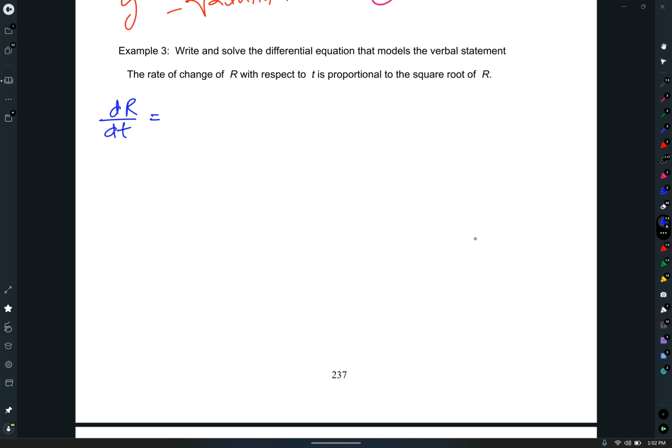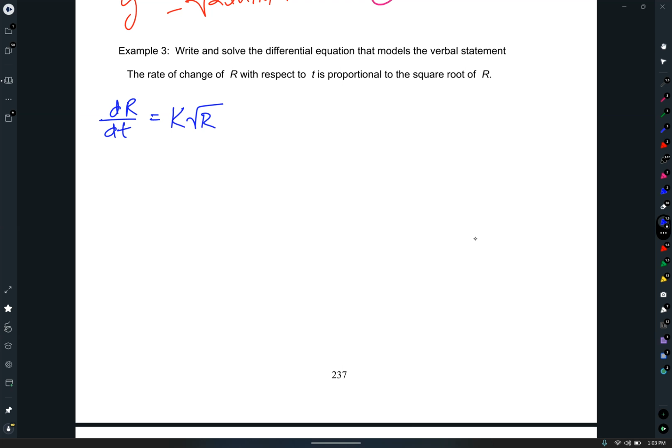So I'm going to say a constant, but I don't want to use C only because I know when I integrate I'm going to have a plus C, and this is a different one. So how about if I use k for constant? Okay, so equals k times, that means is proportional to, square root of r. So I've written my differential equation, and now it's saying to solve.